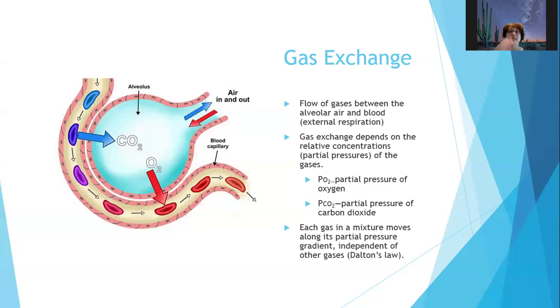So the whole idea is we want to get oxygen into our bloodstream so it can get to the cells. And when the cells take up oxygen, that's internal respiration. Just to reiterate, ventilation is the actual mechanical act of sucking the air in and blowing it out, and respiration is the exchange of the actual gases, oxygen and CO2.